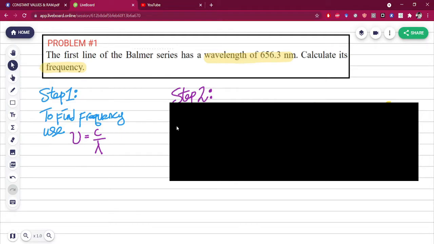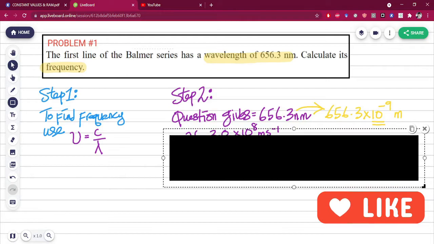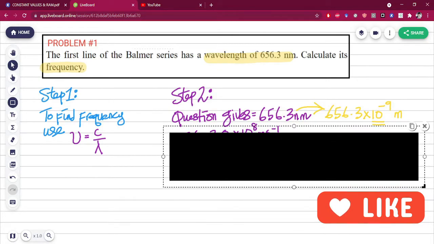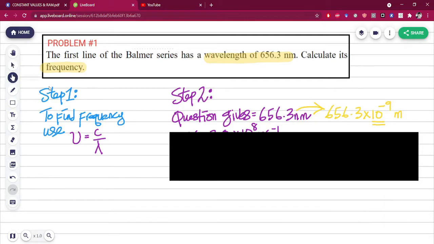When you proceed to step 2, the first thing you need to do is always remember to change nanometer into numerical form. If you forget to do this, then you wouldn't be able to get the correct answer. So always remember that.